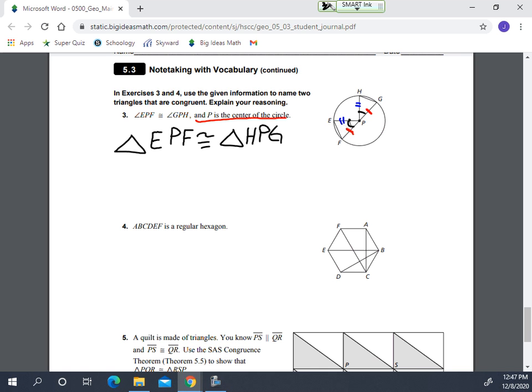Yeah, all right. And I talked myself through that. We could write it down. FP is congruent to PG, and then because of midpoint.